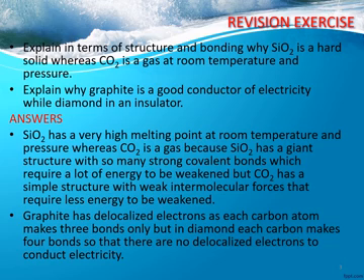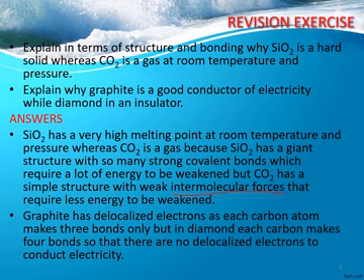We have seen that giant structures have so many strong covalent bonds resulting in a three-dimensional structure which require a lot of energy to be weakened and melt the substance, while substances like carbon dioxide, which have simple molecular structures, have weak intermolecular forces which are very easy to weaken and melt the substance.